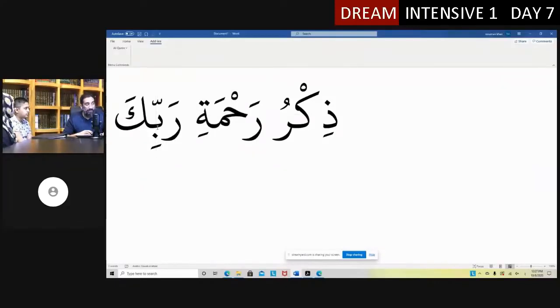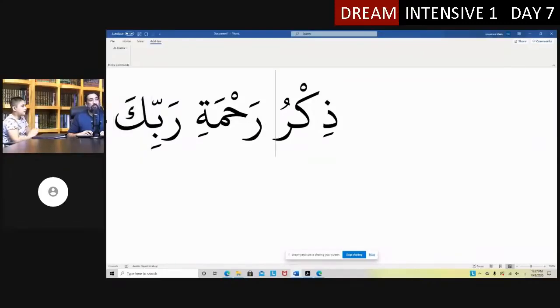Rabbi is jar, making it a mudaf ilayh. Rabbi is light, no alif lam, which makes it a mudaf also. An attached pronoun could be jar, therefore it is jar. So that would be the mudaf ilayh. So dhikru mudaf, rahmati mudaf ilayh. Rahmati mudaf, Rabbi mudaf ilayh. Rabbi mudaf, ka mudaf ilayh.